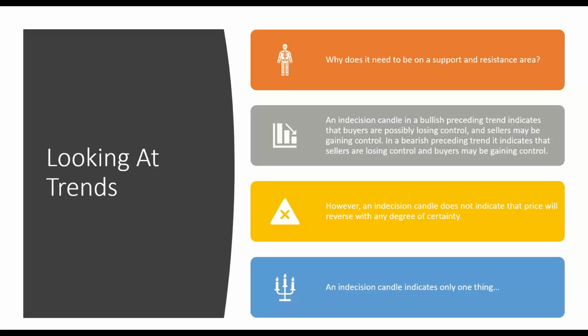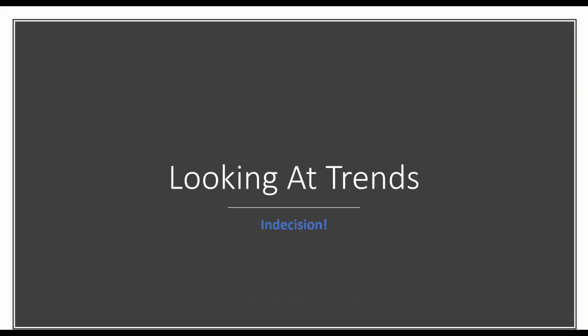Why does it need to be on the areas of support or resistance? Well, an indecision candle in a bullish preceding trend indicates that buyers are possibly losing control and that sellers may be gaining. However, an indecision candle does not indicate that price will reverse with any degree of certainty. An indecision candle only indicates one thing: indecision.